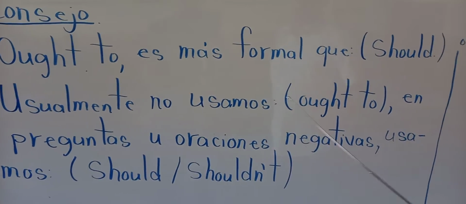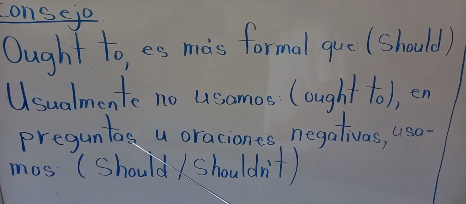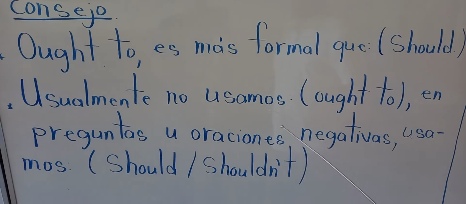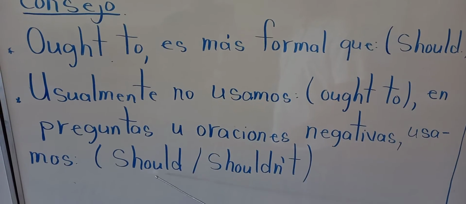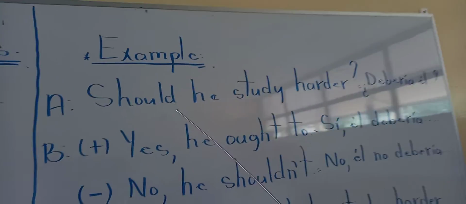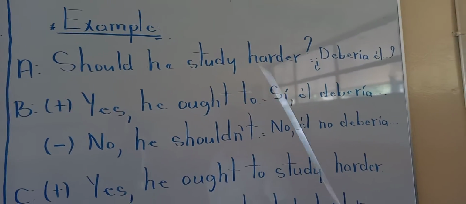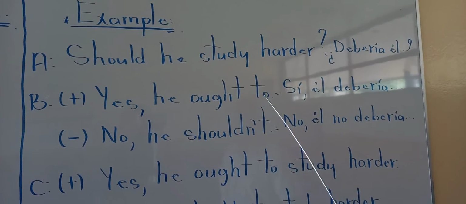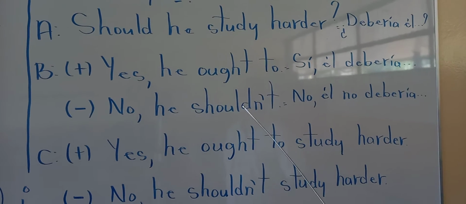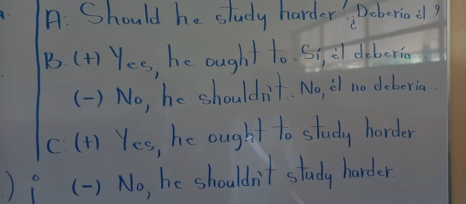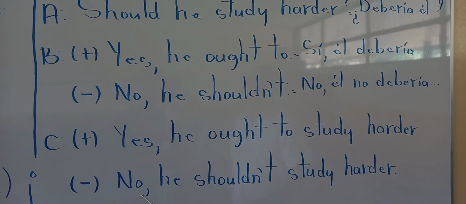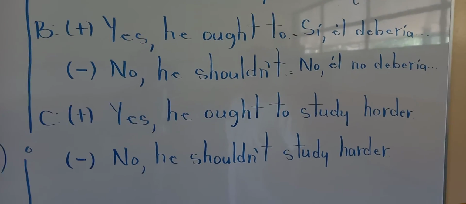Usually, we don't use ought to in questions or in negative sentences. We use should, shouldn't. Example, should he study harder? Yes, he ought to. No, he shouldn't. Yes, he ought to study harder. No, he shouldn't study harder.